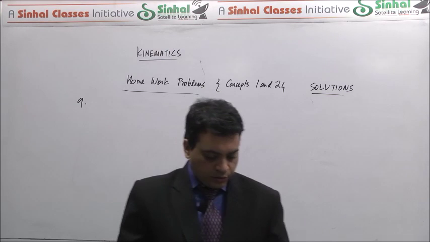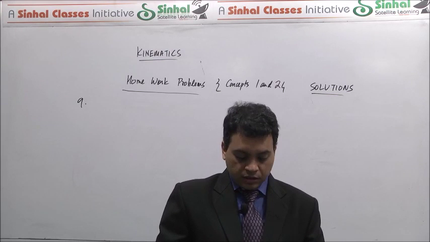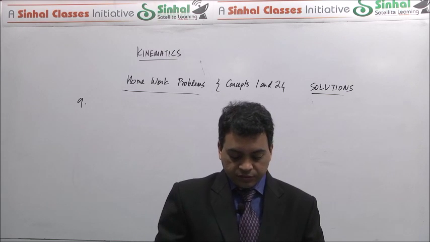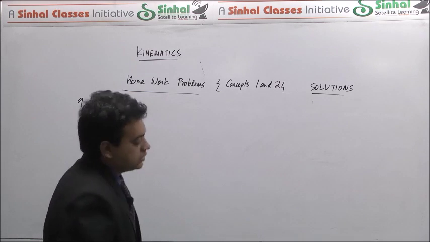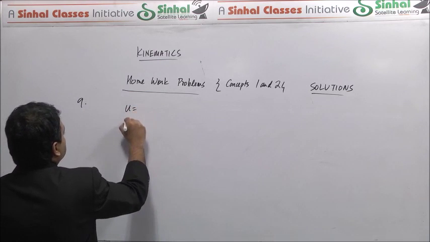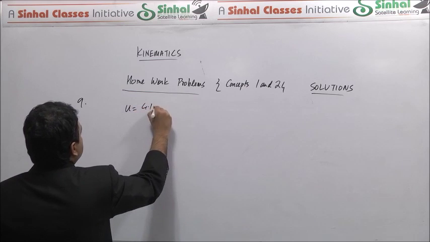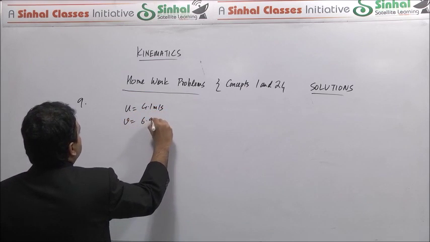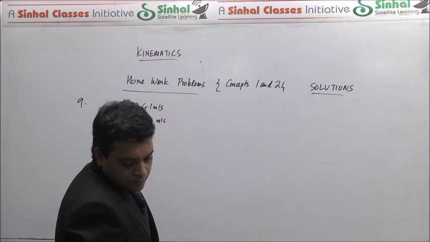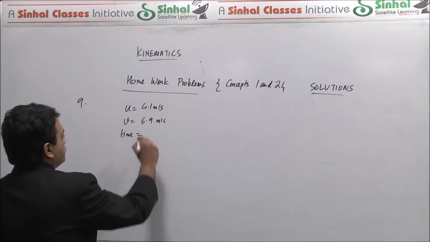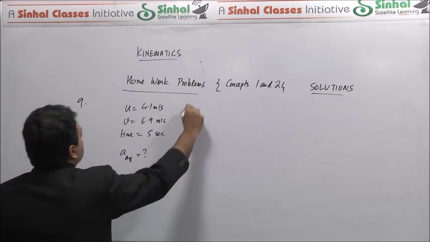So the extremely simple 9th question, it says that a car moving along a straight line accelerates from a given speed to another speed in a certain amount of time. Find the average acceleration. So you take the initial speed as given as 4.1 meters per second. The final speed is 6.9 meters per second, and the time is 5 seconds. So the average acceleration is to be calculated.